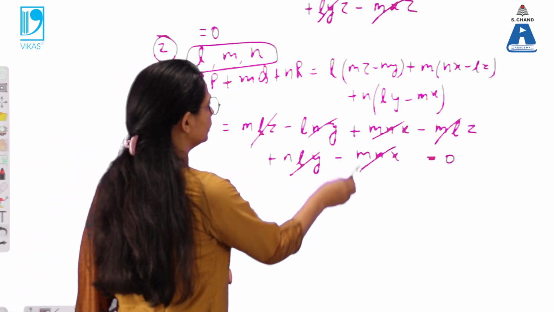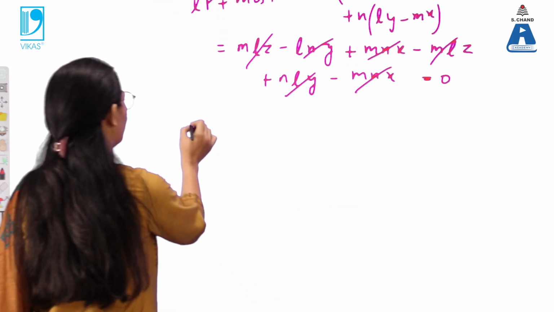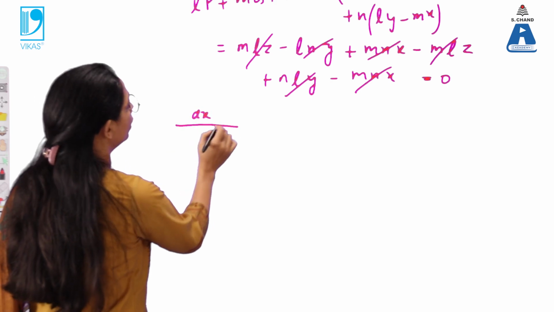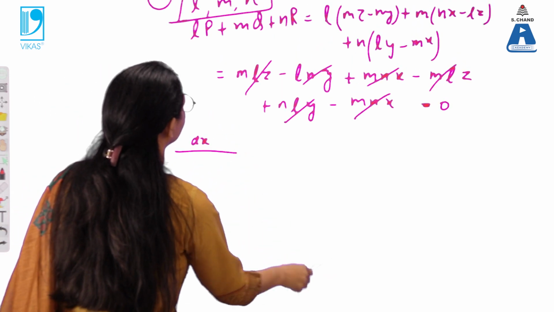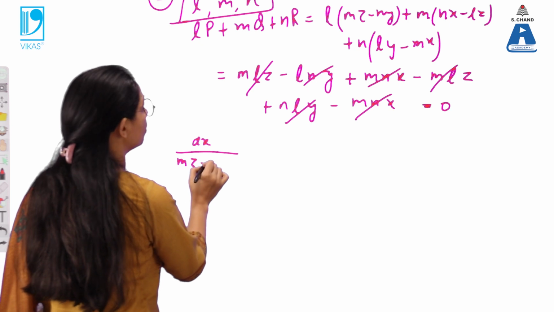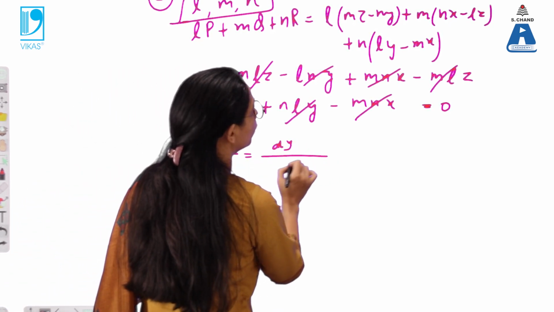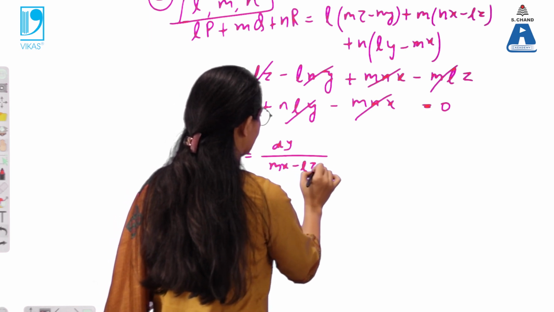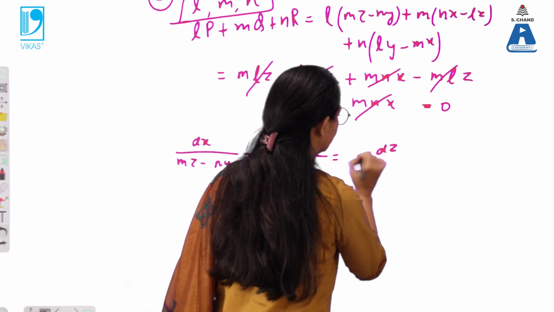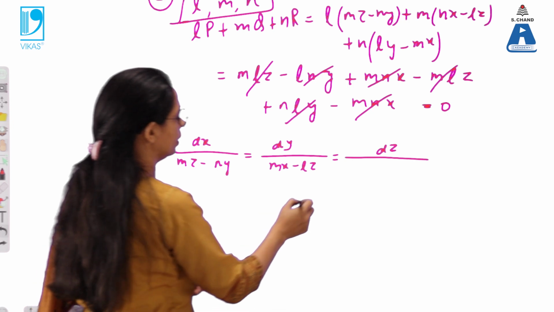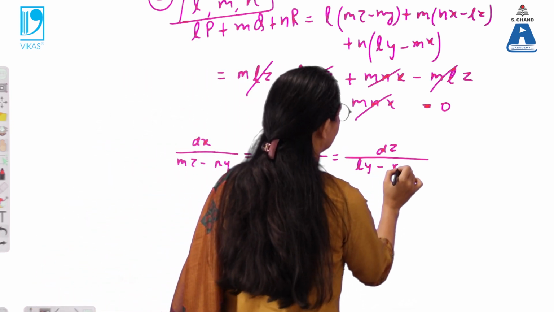So, we will see the auxiliary equations, dx over the coefficient mz minus ny is equal to dy over nx minus lz, and since the third one is dz, we need to take dz here, over ly minus mx.